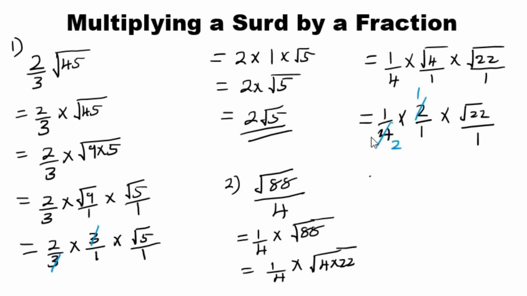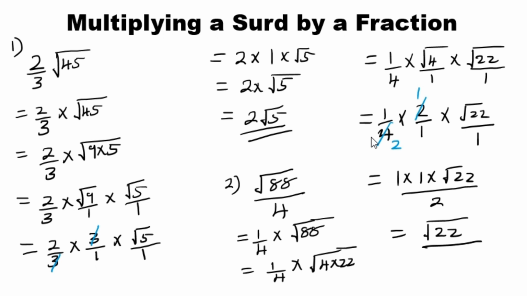So we are going to be having 1 times 1 times the square root of 22, all this being divided by 2. And we know that 1 times 1 is 1, so this will be the square root of 22 all divided by 2. This is the solution to this question.